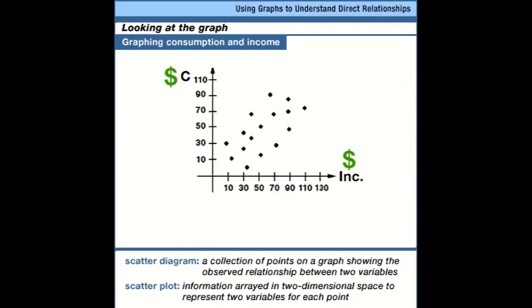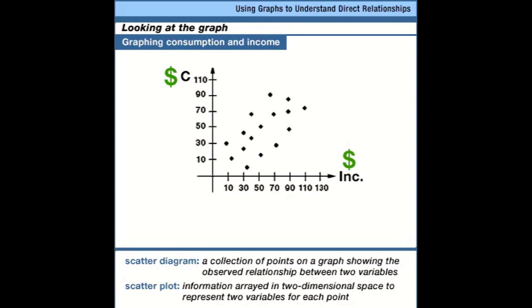Notice, as we look at this information, in general, as income increases, consumption spending increases for these data points. We say that there is a direct relationship, or a positive relationship, between these points.